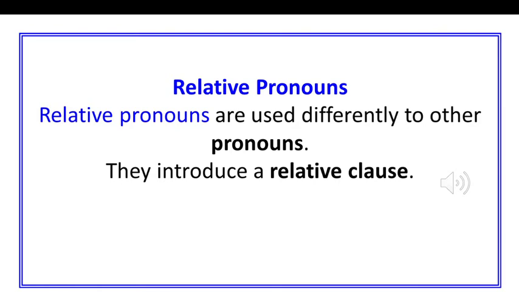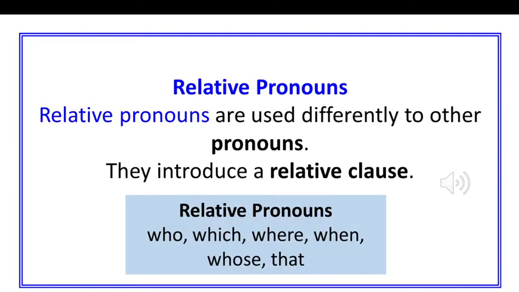They introduce a relative clause. And relative pronoun examples that we have are who, which, where, when, whose, and that. So we're going to have a look at how we can use those relative pronouns to introduce our relative clauses.